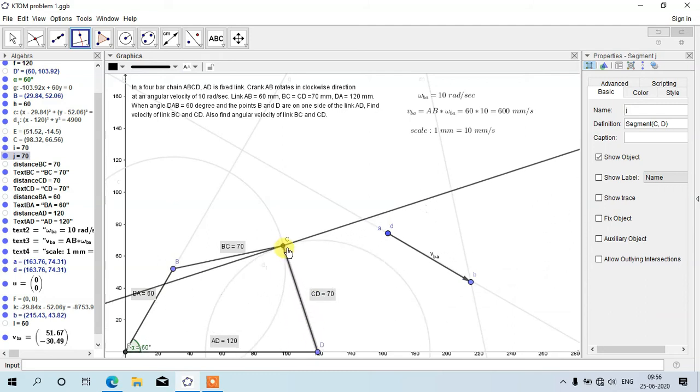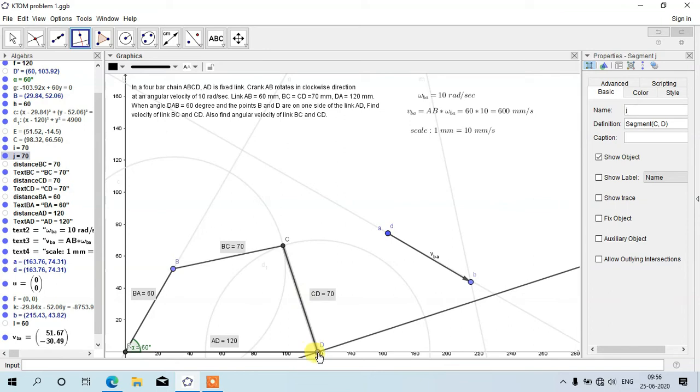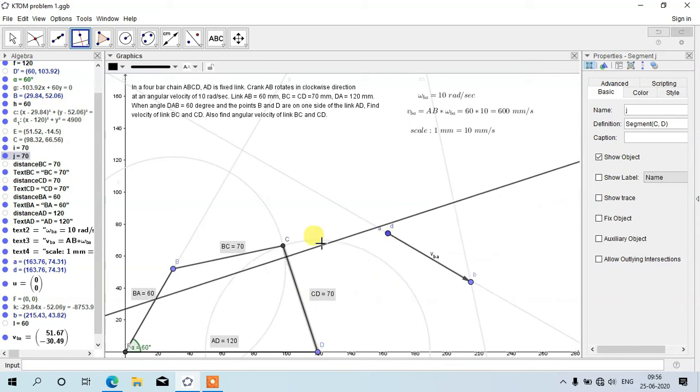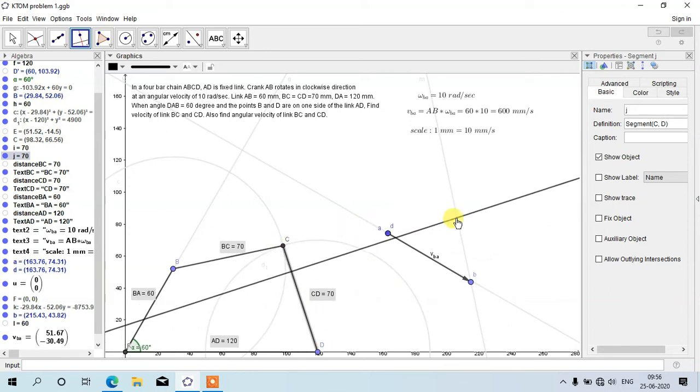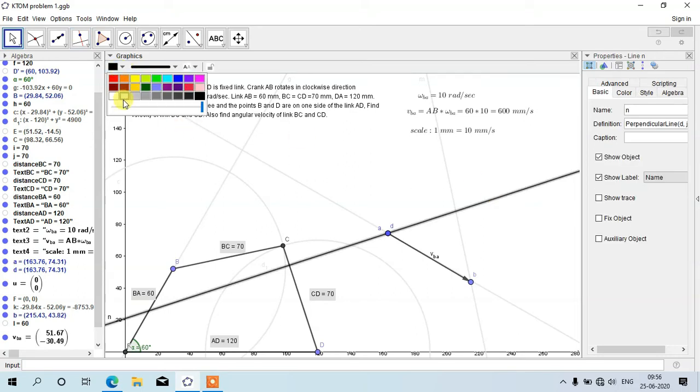And from this link CD, we know the position of point D on my velocity diagram. I don't know the position of point C, so I will pass this line from point D. This is again not my main line. So now I know the line of action of velocity CD and velocity CB, or you can say BC.